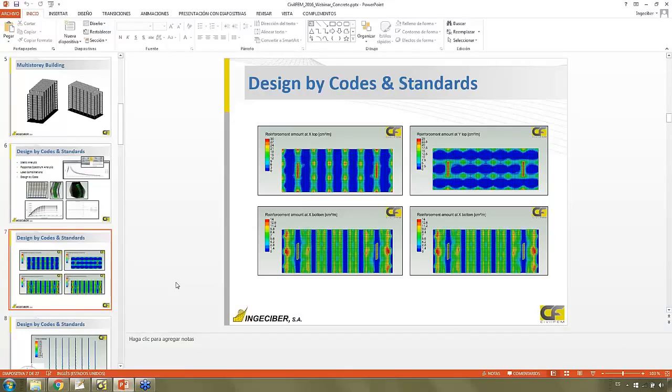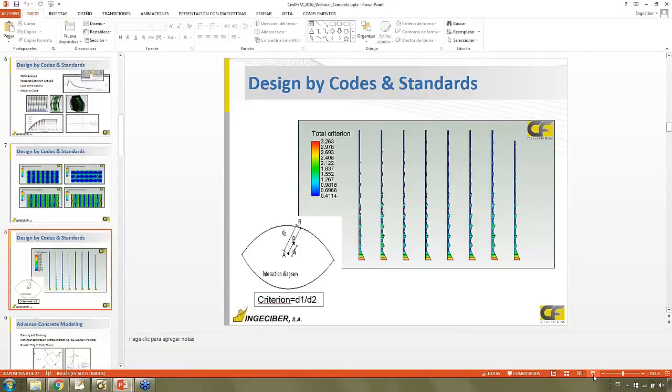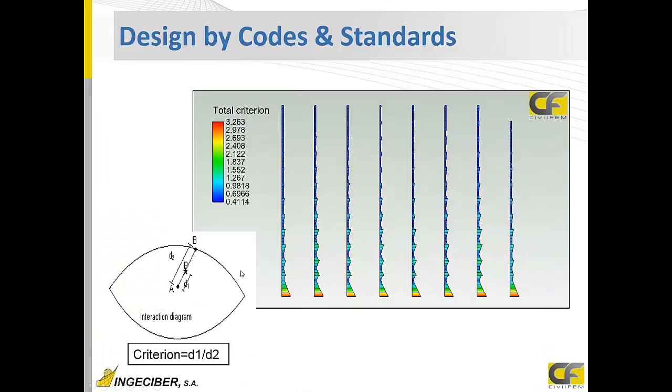Before going to that part, as Ronald said, the total criterion that we are plotting is the ratio between the distance from the center of the interaction diagram to the action we have, this point, this distance D1, and the ultimate capacity of the section. So the ratio between D1 and D2 is the safety factor we give. If that is less than 1, the section is okay because the action is inside the interaction diagram. If the point is outside, this is greater than 1, the section is not okay.